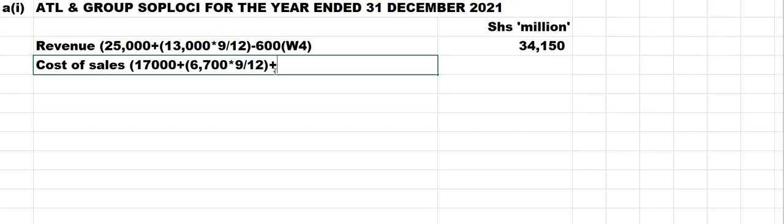Then I'll add the 70M, that's working 4. Then I'll minus the 600M. That's working 4.